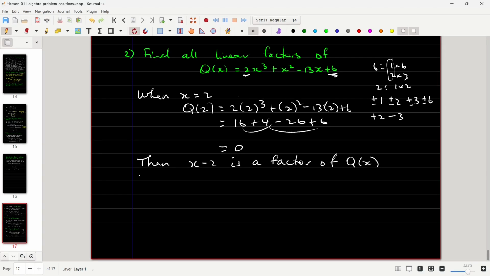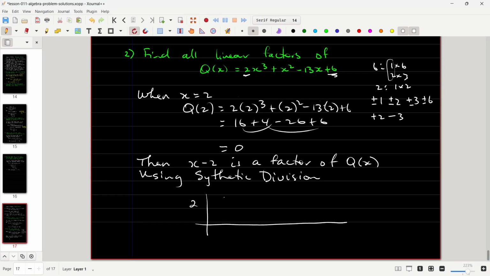All right. Now we can use synthetic division to solve the problem. So using synthetic division, we can reduce it. I'm going to just simply put my 2 outside here. We're going to put coefficients of 2, 1, negative 13, and then positive 6.